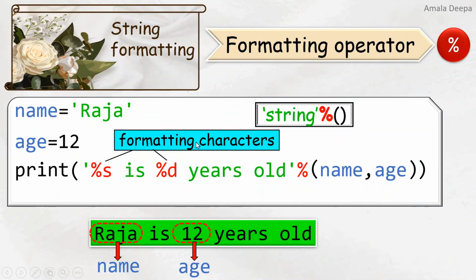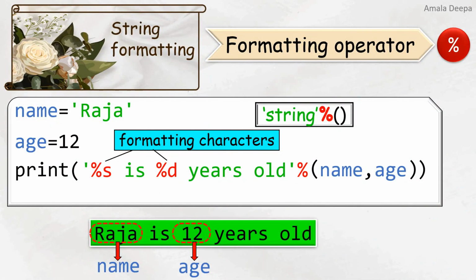So when you are using this type of formatting, using the formatting characters, you should have knowledge of the correct character to be used along with the percentage sign. %s, %d, %f, %o, %x.